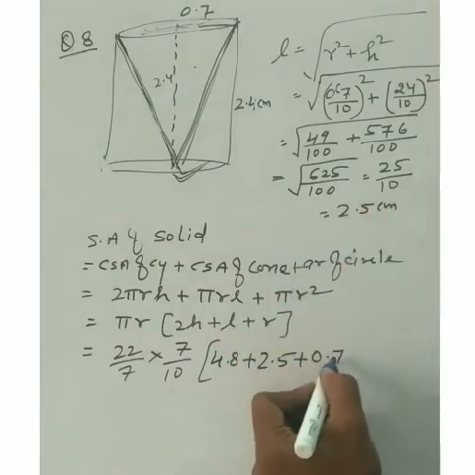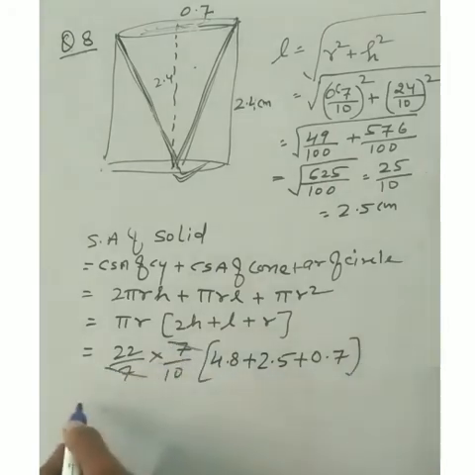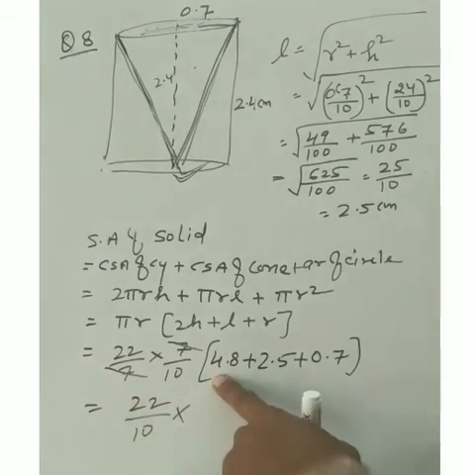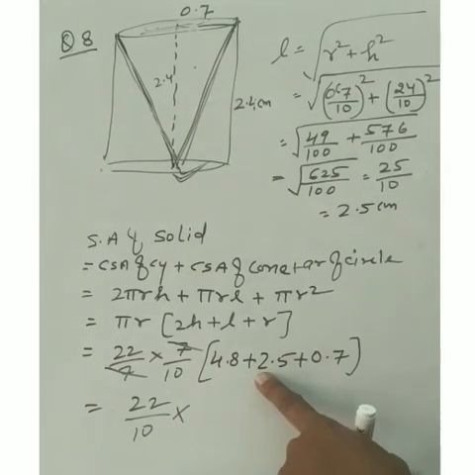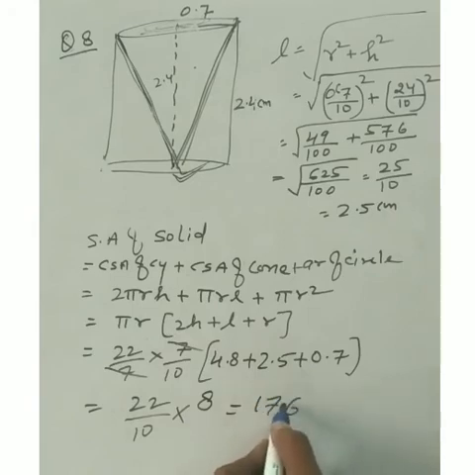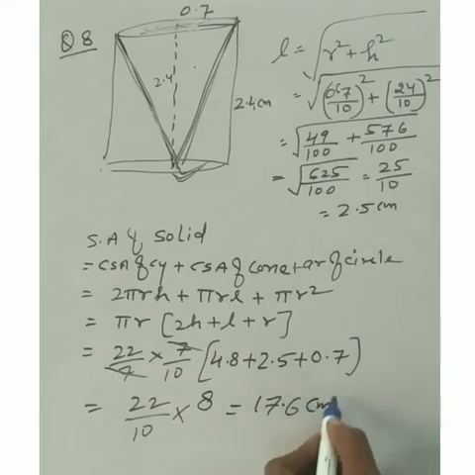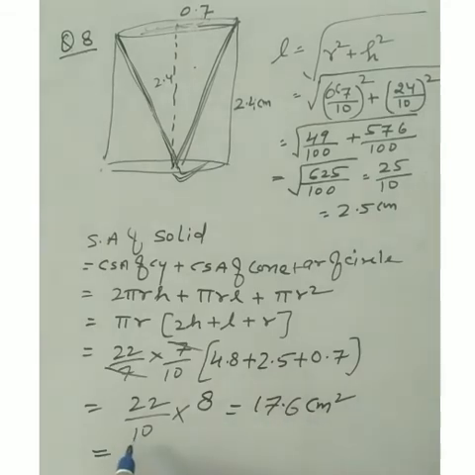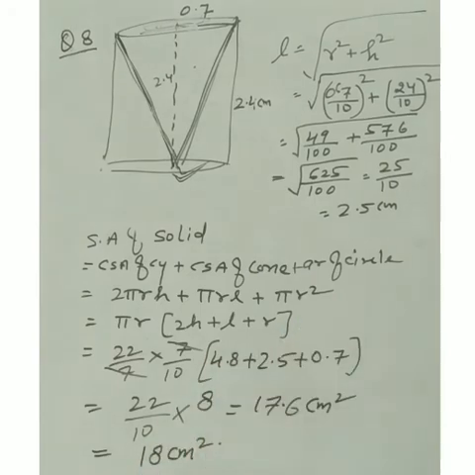R is 0.7. 7 to 7 cancel. 22 upon 10 into 4.8 plus 2.5, 7.3 into this 8. 176 upon 10, that is 17.6 centimeter square. But we have to write the answer in nearest centimeter square. The nearest centimeter square means we have to round off. When it is rounded off, it is 18 centimeter square.